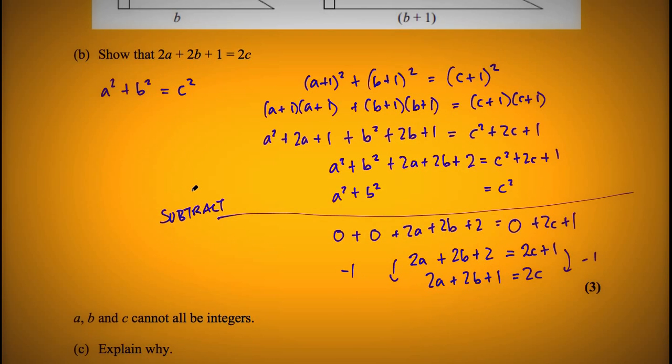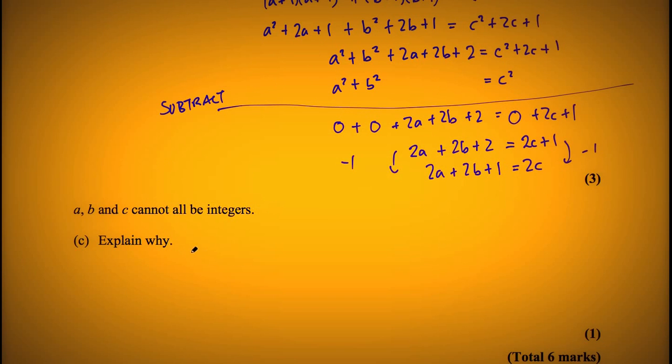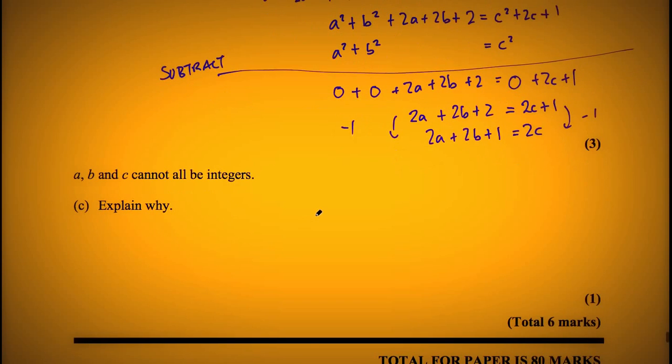A, b, and c cannot all be integers. Explain why. If I just look at the solution that I've got to here, 2a plus 2b plus 1 equals 2c, I could factorize that. That's 2 times a plus b, plus 1 equals 2c.